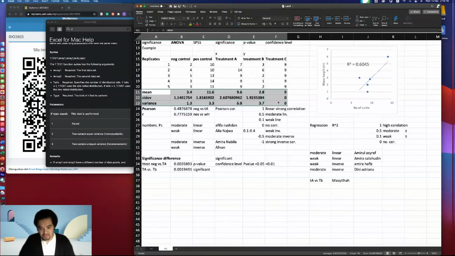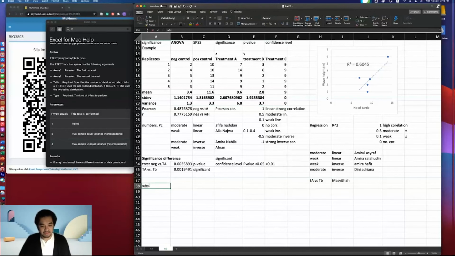Why do we need to know whether the treatment difference is significant or not? Why is it important for us to make sure that our differences are significant or not?